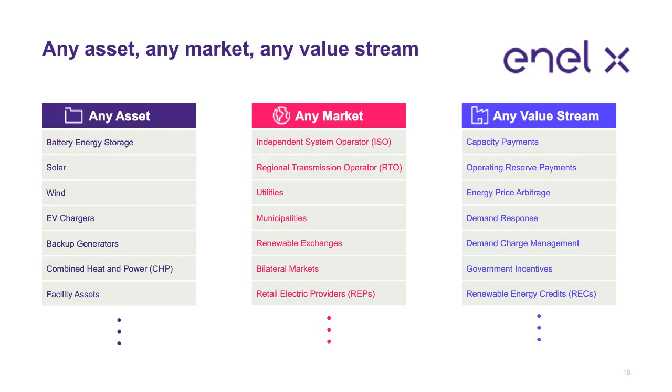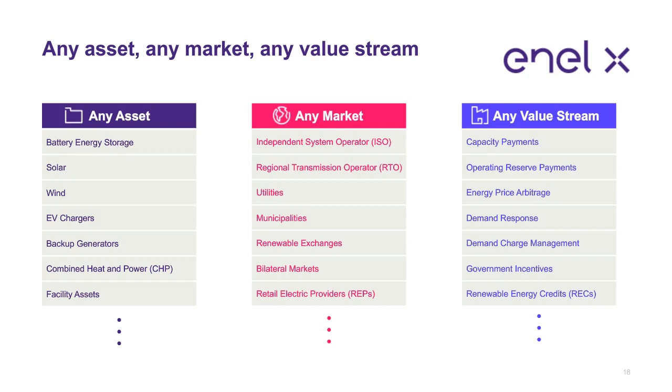And so you could imagine a spaghetti chart drawing lines from assets to markets to value streams, and quickly the whole slide would fill out with possible lines that could be drawn to connect each. So think about, a solar project in PJM may be eligible for ITC, could also participate in the capacity market, energy market, could monetize its RECs, versus a backup generator in ISO New England that may be eligible for the capacity market, energy market, operating reserves, and demand charge management.